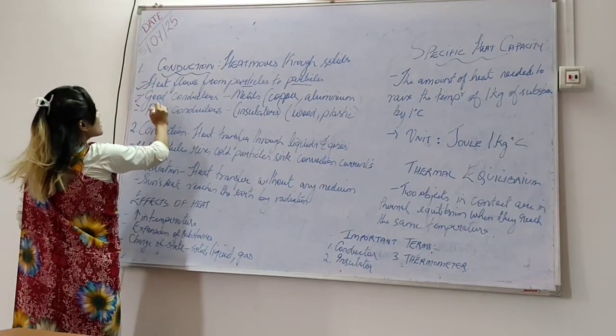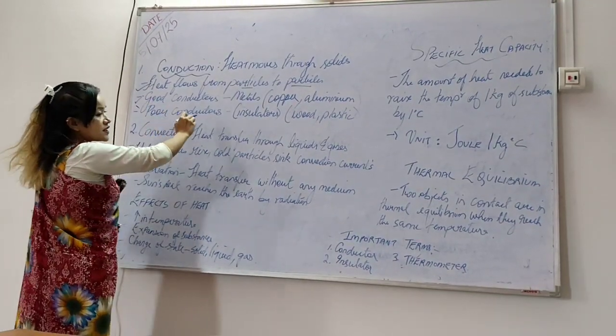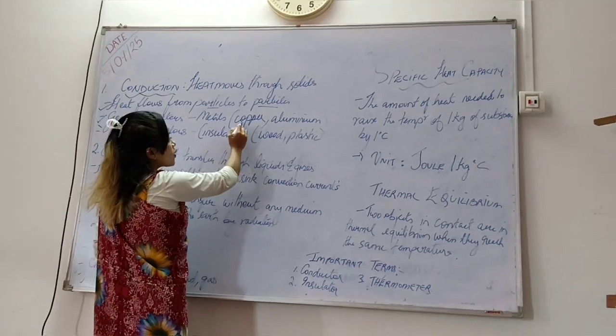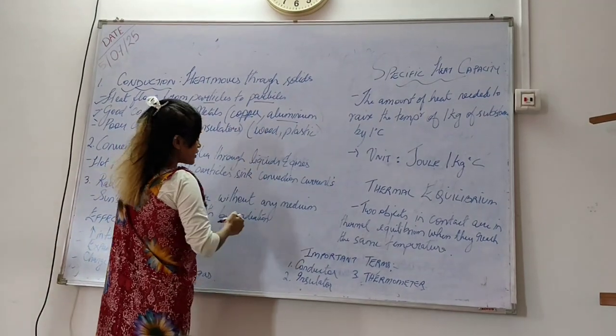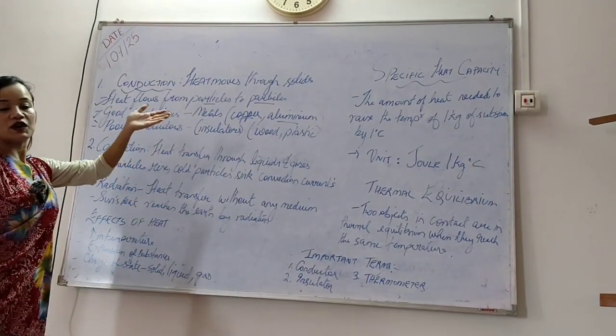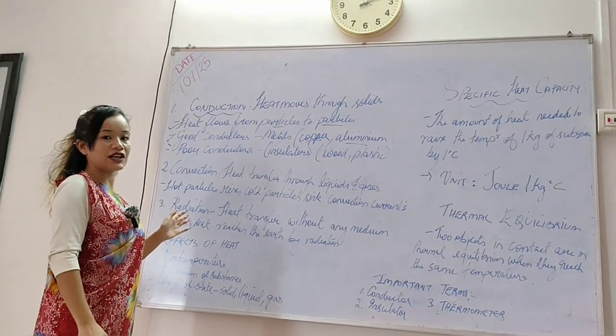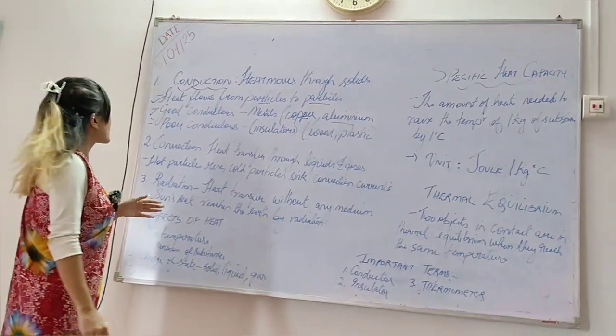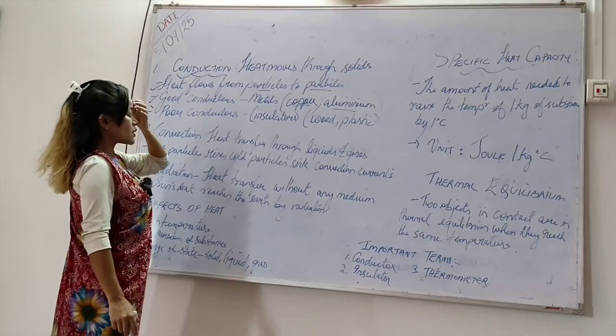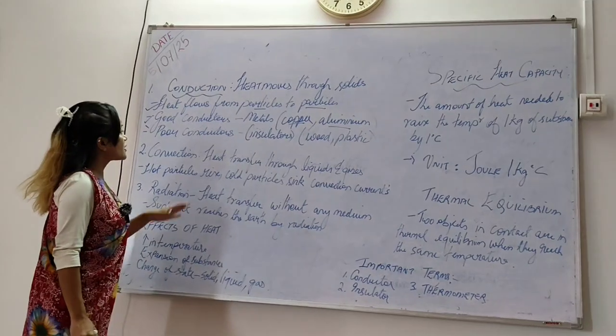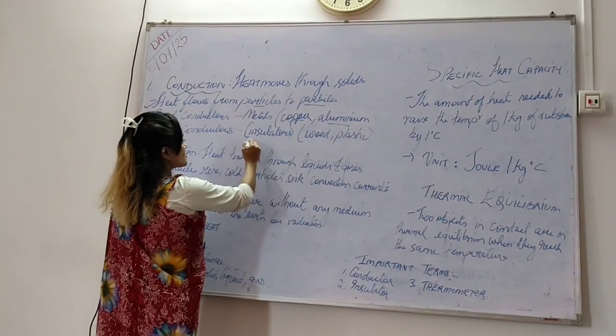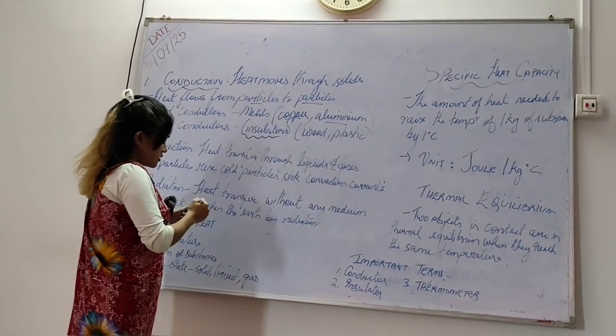Next, the good conductors of heat are what? Metals like copper, aluminium. That is why we use copper, aluminium, steel for boiling or cooking. Then poor conductors. The other word for poor conductor is insulator. What are the poor conductors?